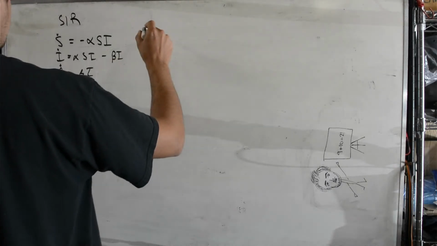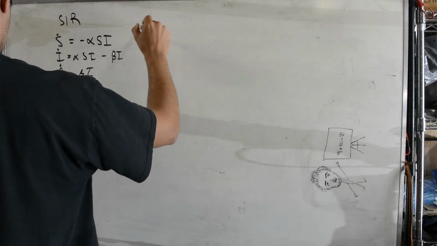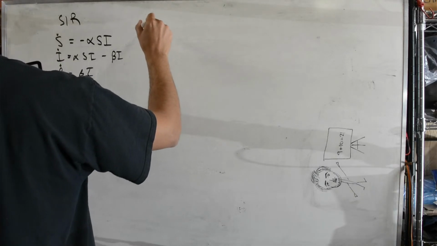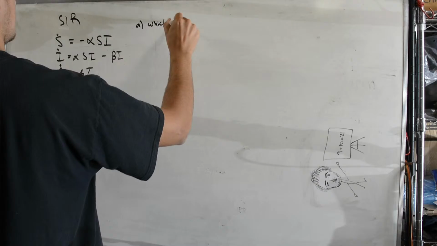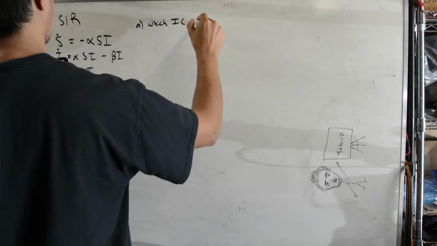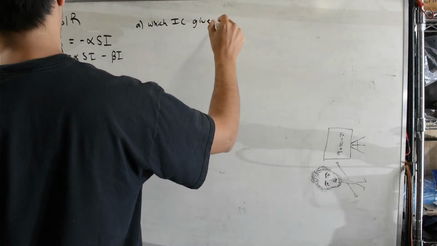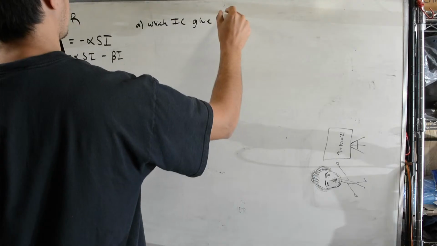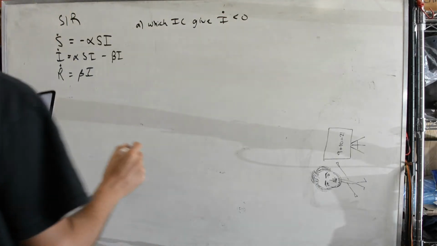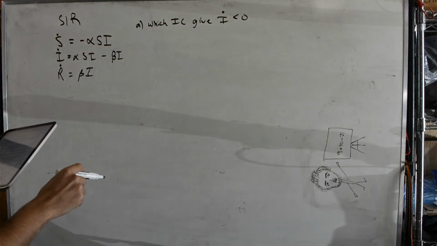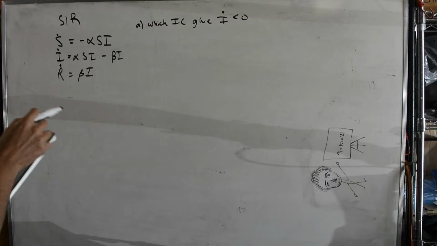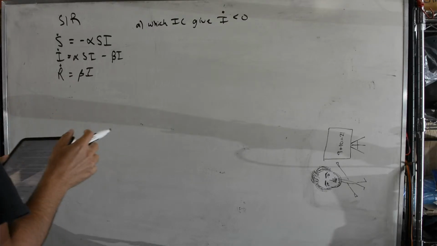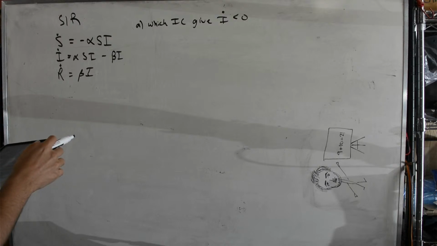Okay, so what we want is which initial conditions give I dot less than 0. And it says your answer should be written in terms of alpha and beta.